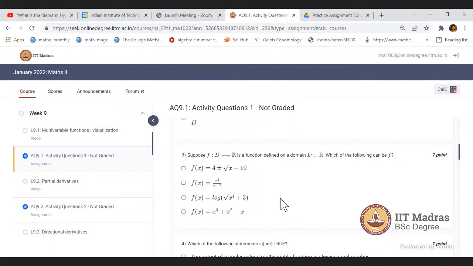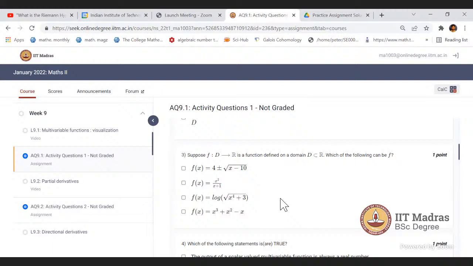Even if x is less than 10, you need a subset where the function is defined. Why not take all values x greater than 10? In that case, x minus 10 is real, but the problem is the plus or minus. So for a single input, you will get two different outputs.